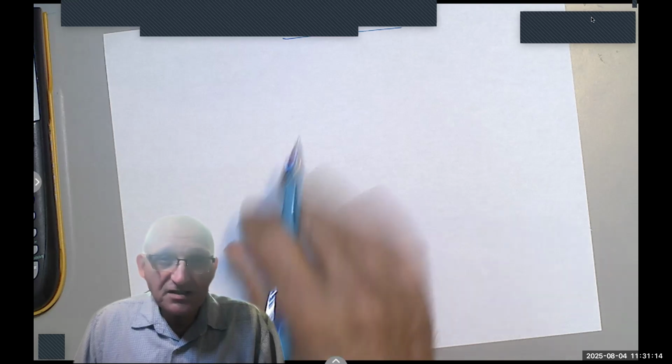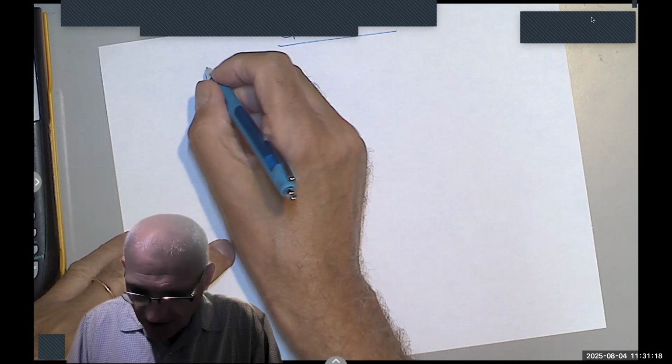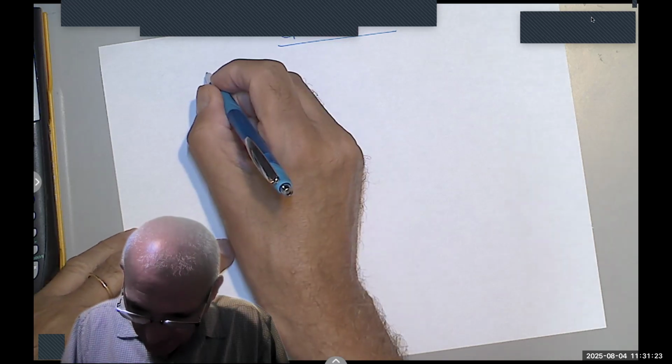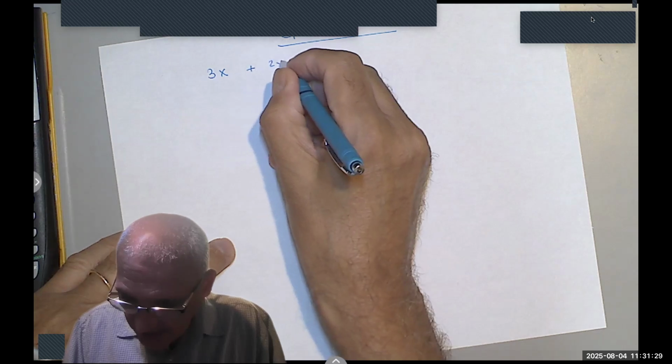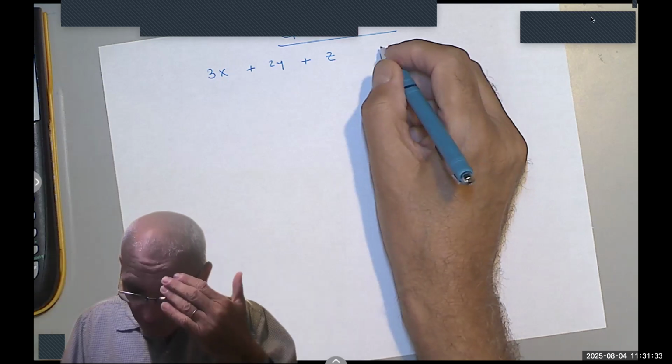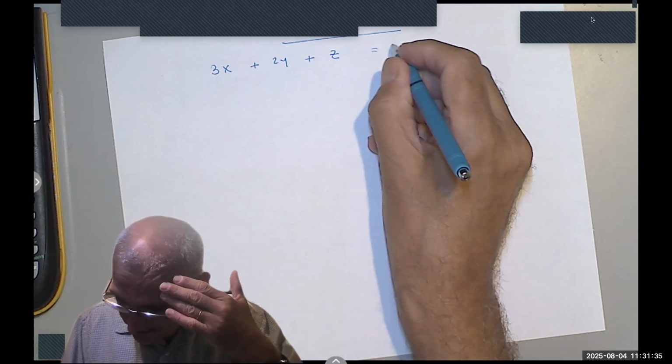So let me write three linear equations and try to solve those. We are going to say 3x plus 2y plus z equals 8.